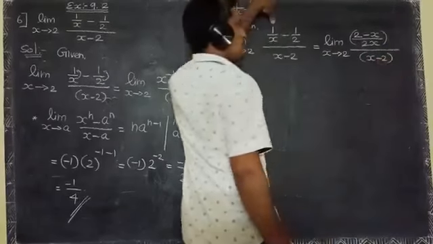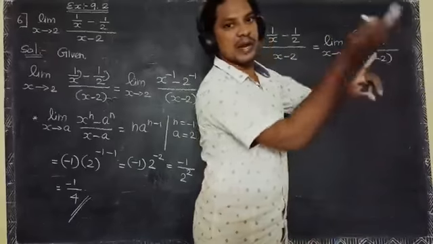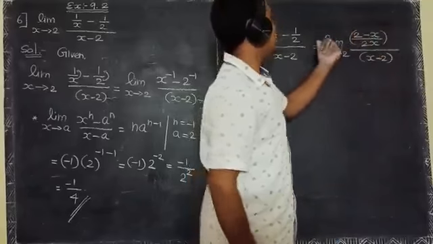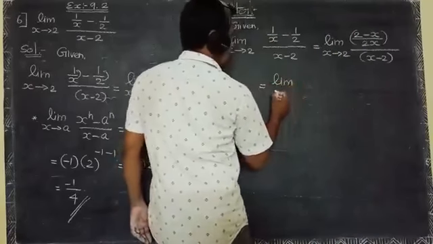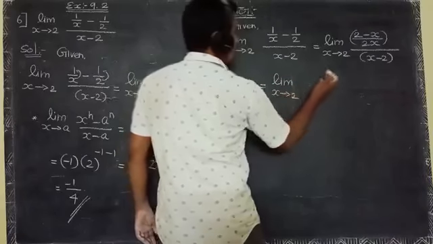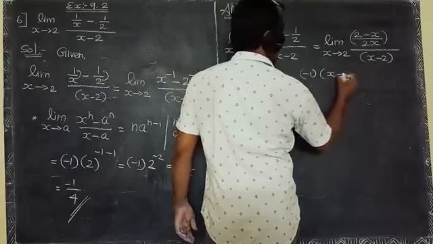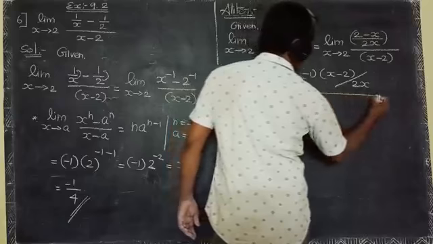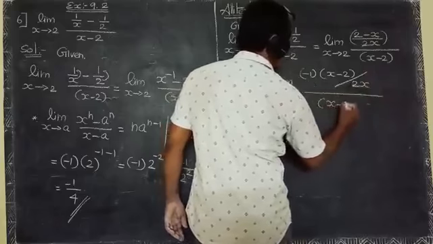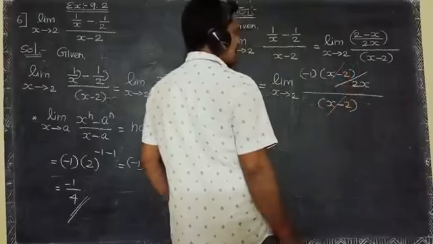x minus 2. Here in the numerator 2 minus x, take outside minus 1. The limit as x approaches 2 of minus 1 times x minus 2 divided by 2x, divided by the factor x minus 2. The factors x minus 2 cancel.